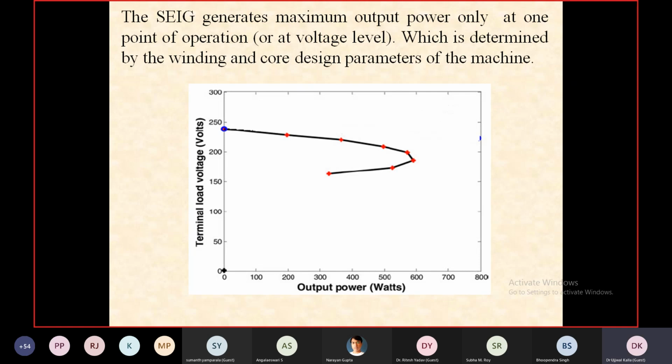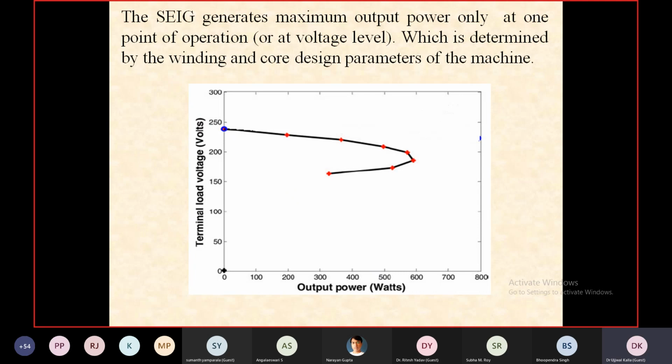The generator was designed to generate 3.7 kilowatt. By using this single point control technique that I had developed, the same generator has generated 5.5 kilowatt output power. That was the novelty of this scheme. I got a patent on this scheme.